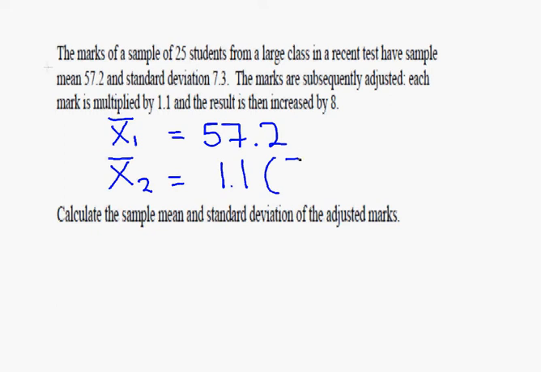Essentially, everyone's given another 10%. Sorry, I shouldn't say that. Their marks are increased by 10% of whatever they got, and then they're given an additional 8 marks as well.